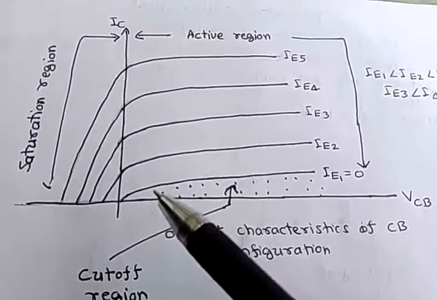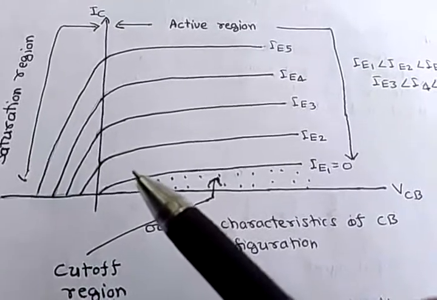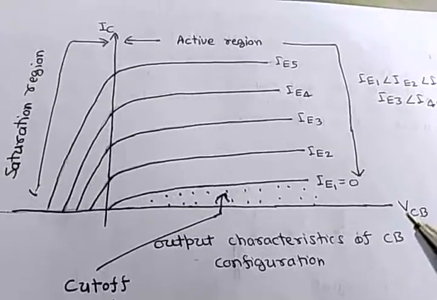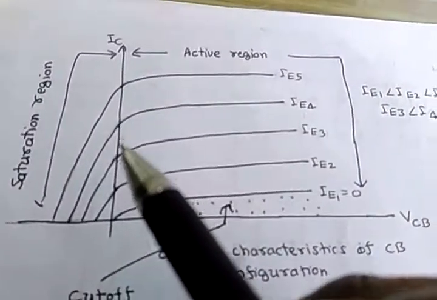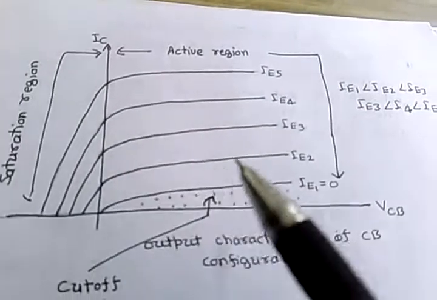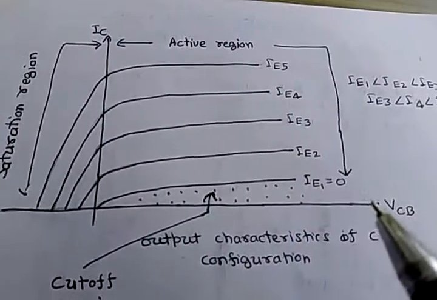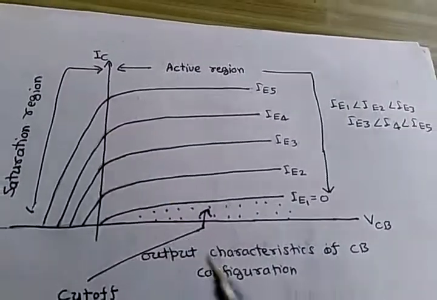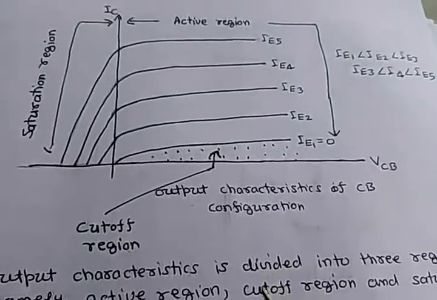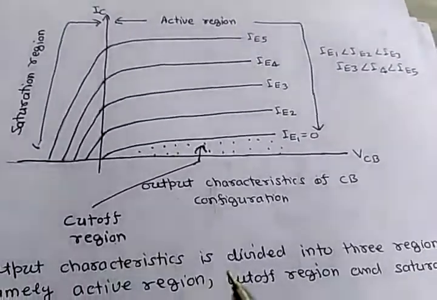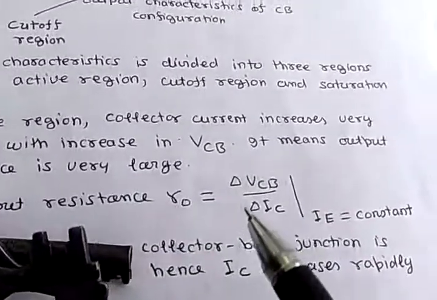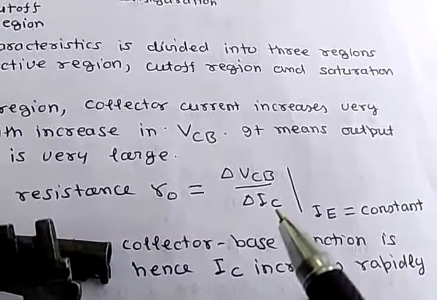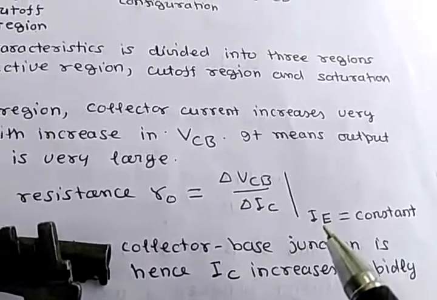It is clear from the characteristics that in the active region, if we increase the collector to base voltage by a large amount, there is a very small change in the collector current. It means the output resistance of common base configuration is very high. Output resistance is the ratio of change in the collector to base voltage to the change in the collector current at constant emitter current.